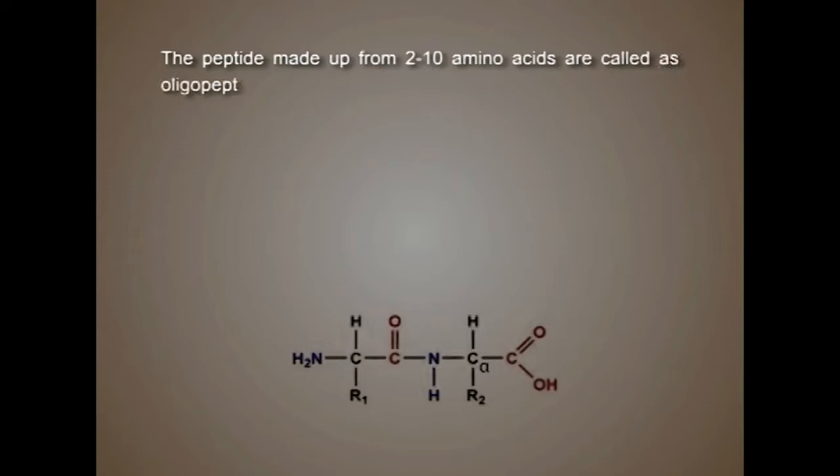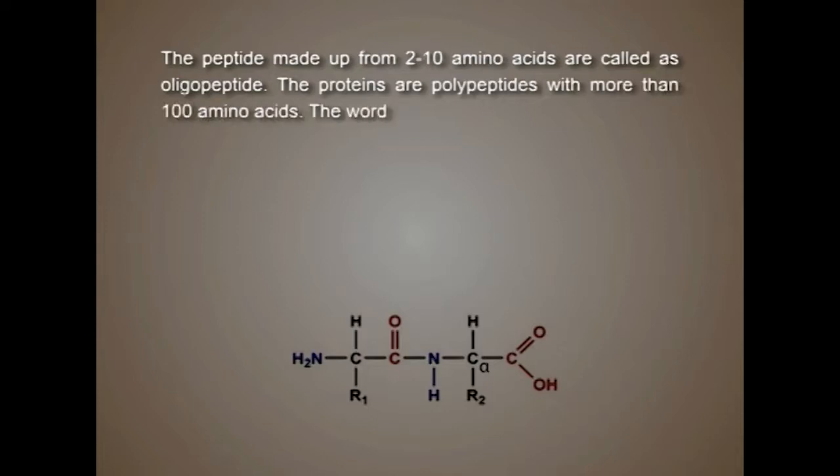Peptides made up of 2 to 10 amino acids are called oligopeptides. Proteins are polypeptides with more than 100 amino acids. The words protein and polypeptide are used as interchangeable terms.